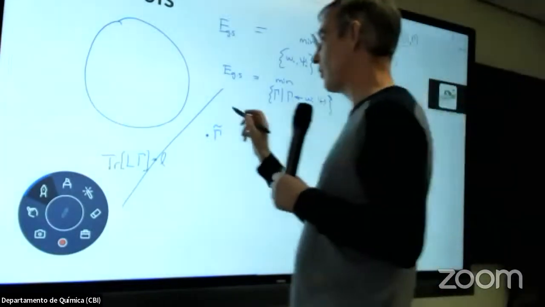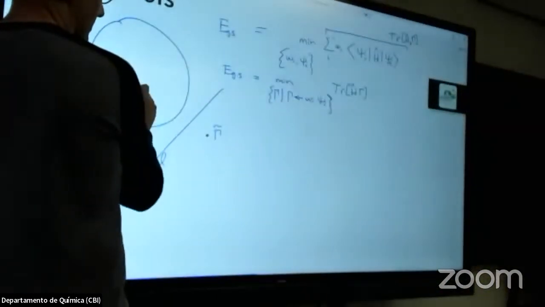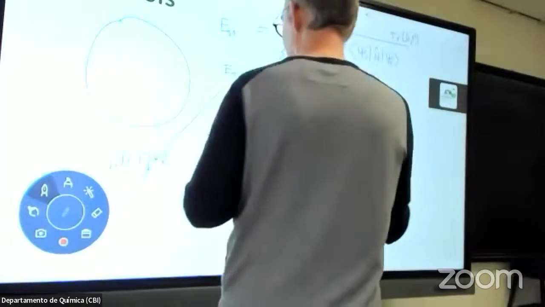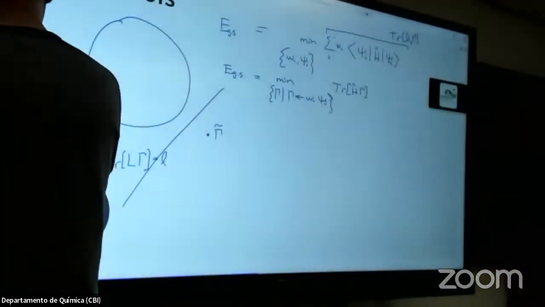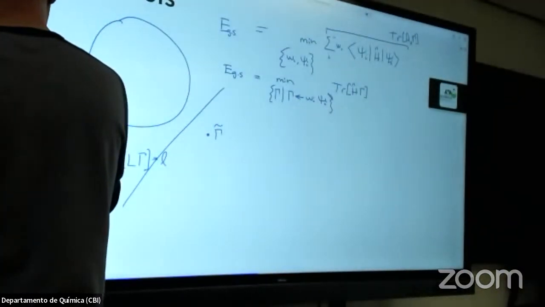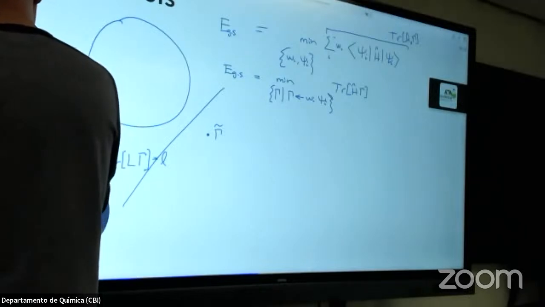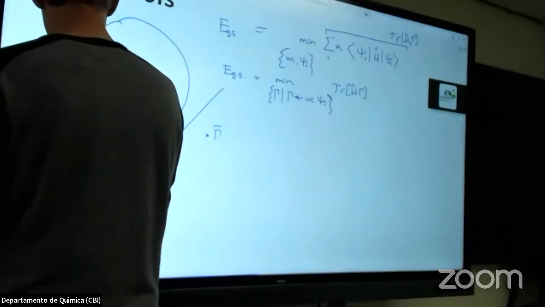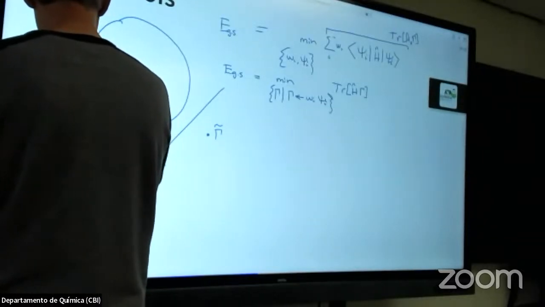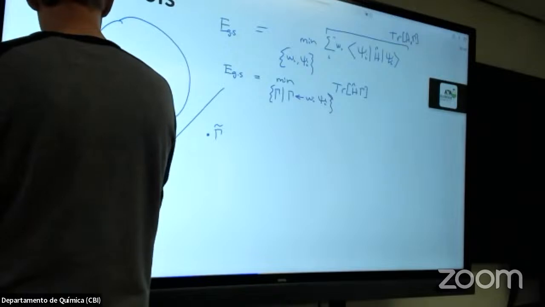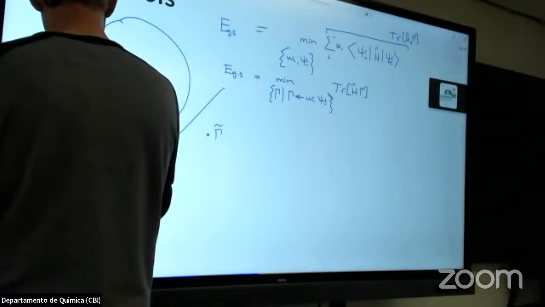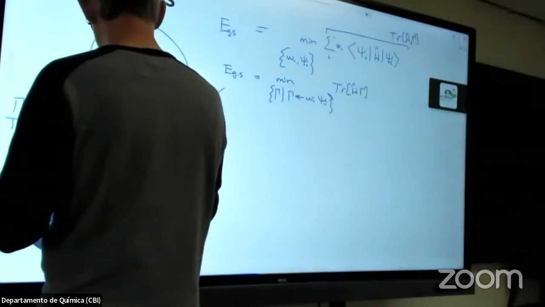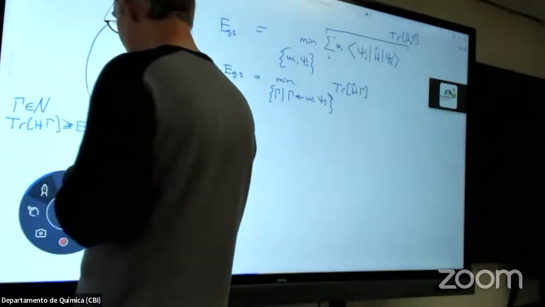Well, over here on this side of the set, by definition, for gamma that are irrepresentable, trace of H gamma is greater than or equal to the ground state of H for every gamma.